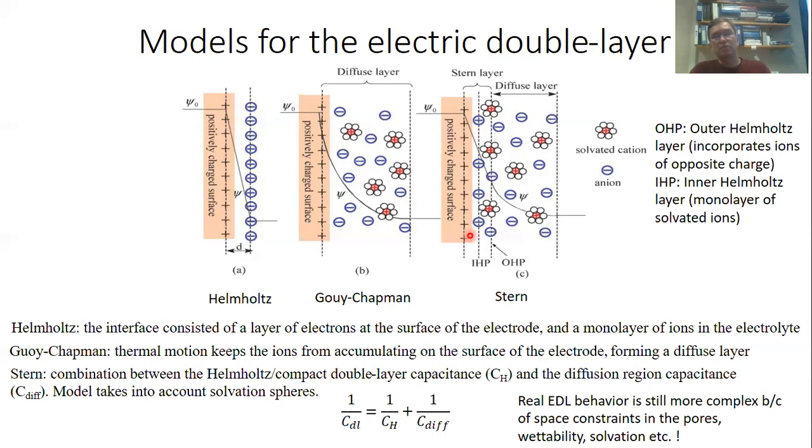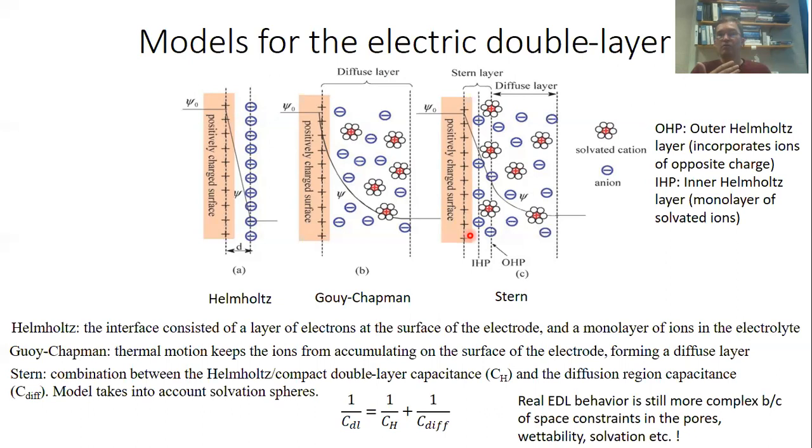And of course, we also have the pore sizes to consider. So we have a pore size distribution, and the ions do not fit equally well in these different pores. So there are space constraints.